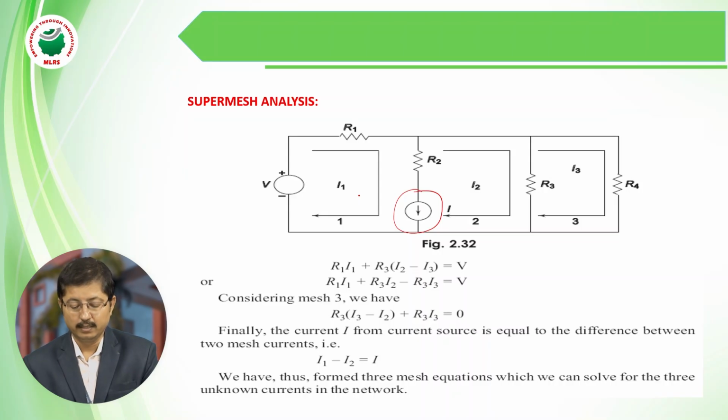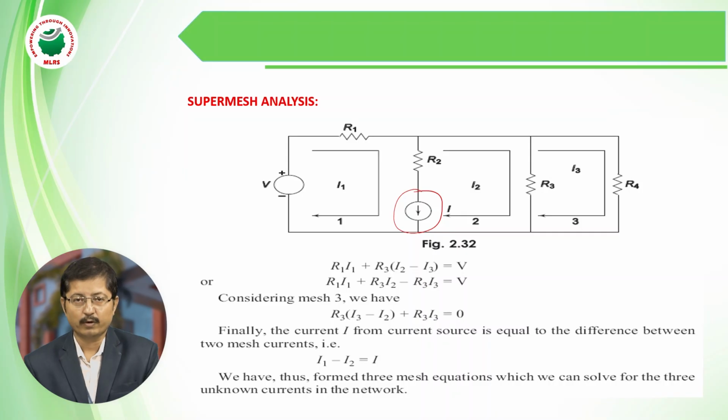So whenever a current source is there, we have to apply the super mesh. We do not directly apply mesh analysis here. Especially in such types of networks, whenever we have a current source in between two loops, we can apply the super mesh technique.